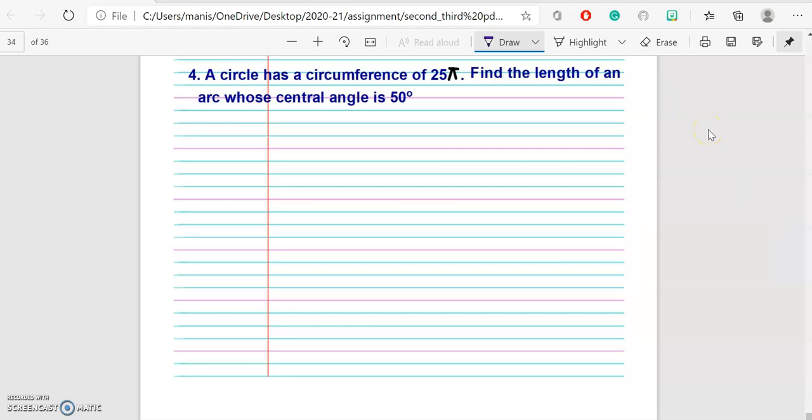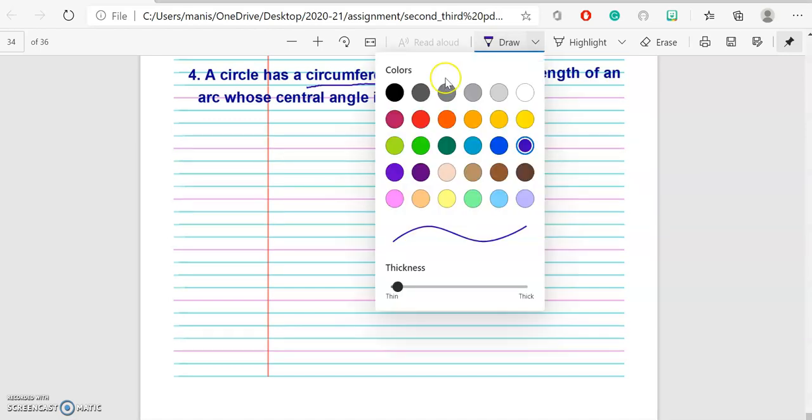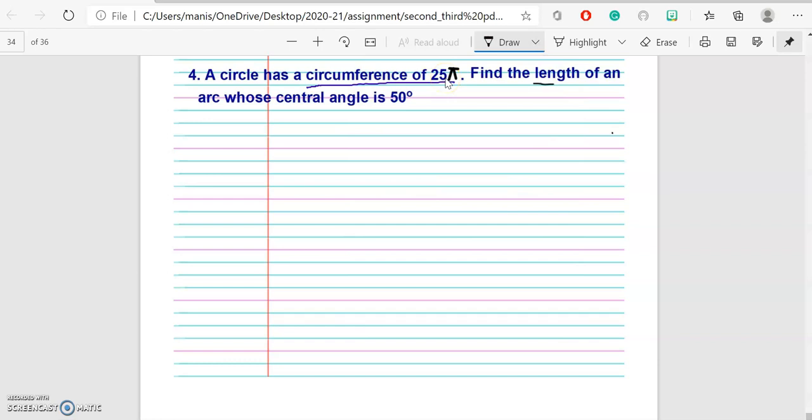A circle has a circumference of 25 pi. We have been given the circumference of a circle, 25 pi, and we have to find the length of the arc. So I will divide my page into two columns. They want me to find the length of the arc, so I will write it over here.